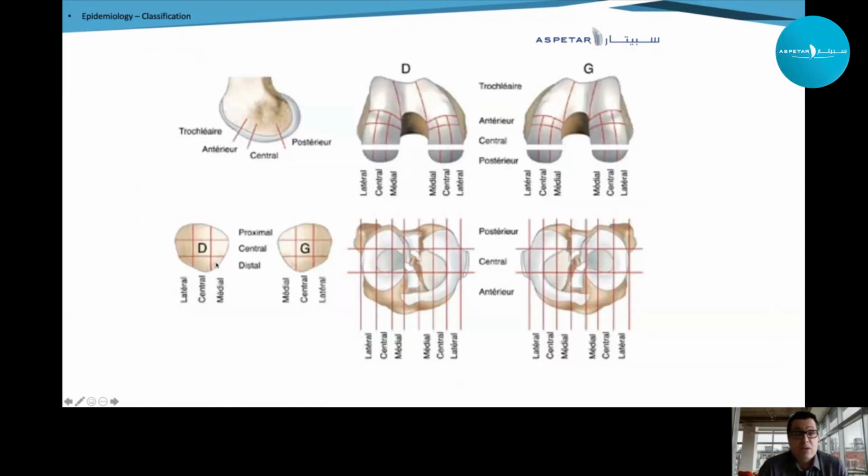Another important factor in terms of classification, especially for planning and executing rehabilitation, is where exactly the lesion is. You can understand that it's totally different to have a lesion in the lateral femoral condyle covered by the meniscus, or in the center of it, or on the other hand in the center of the trochlea.